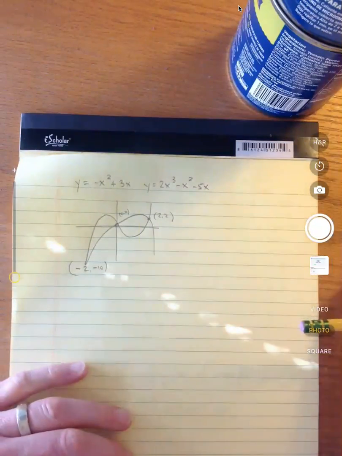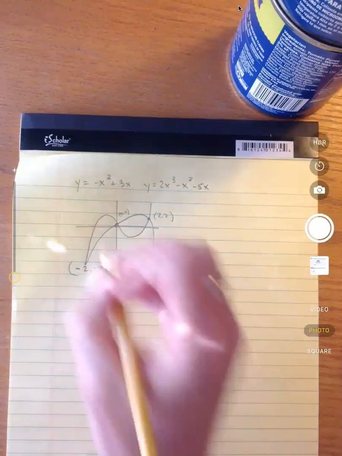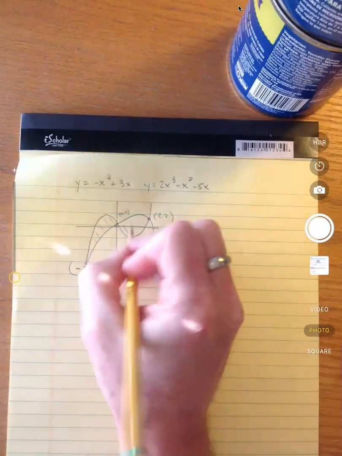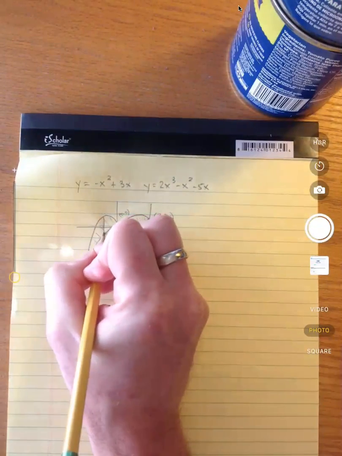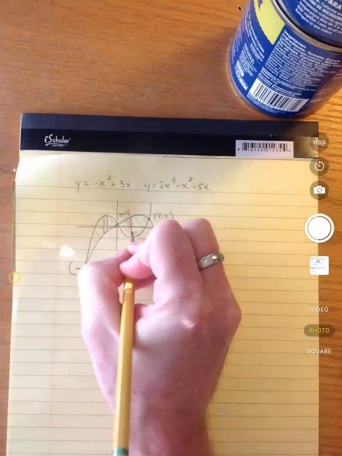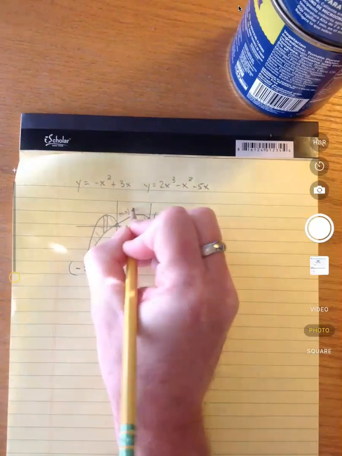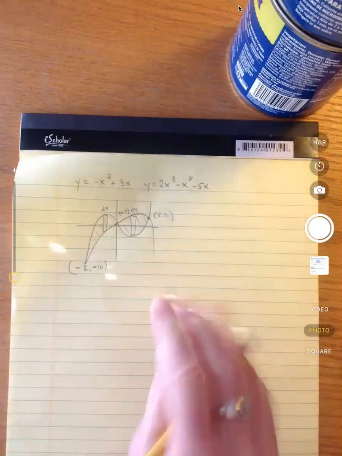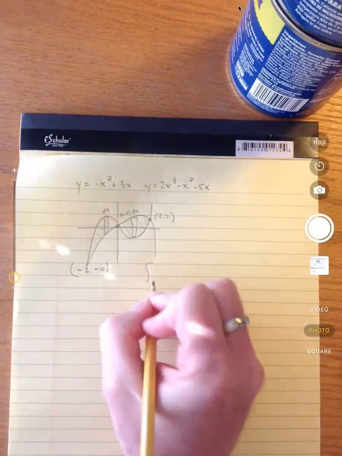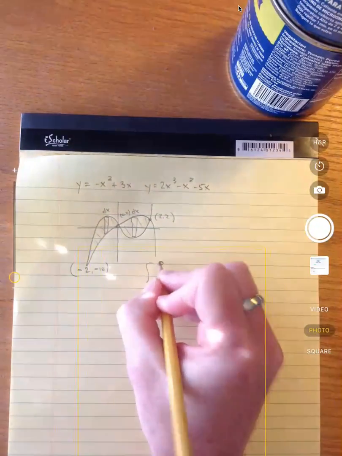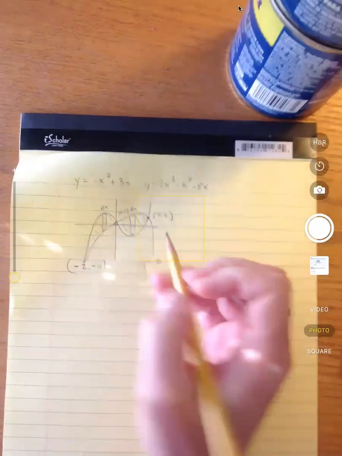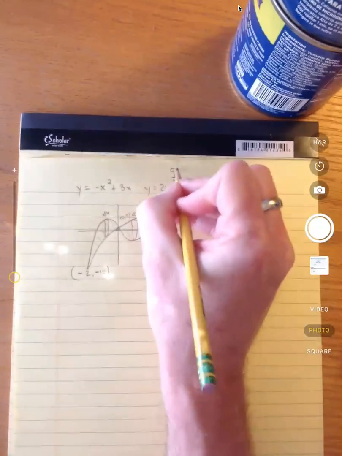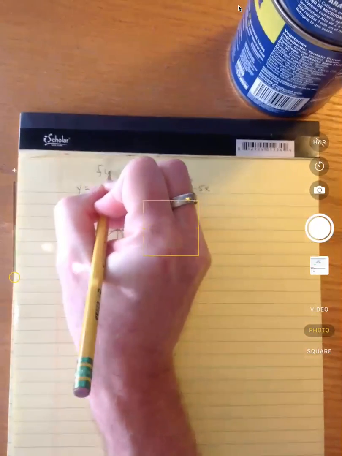Now to set up my integral, or integrals, I'm finding these areas. I'm going to do it in terms of x, so my rectangles are going to be vertical, so I'll put a little dx there. My first integral is going to go from -2 to 0, and I have my cubic function. Let's call this g of x, and let's call this f of x.